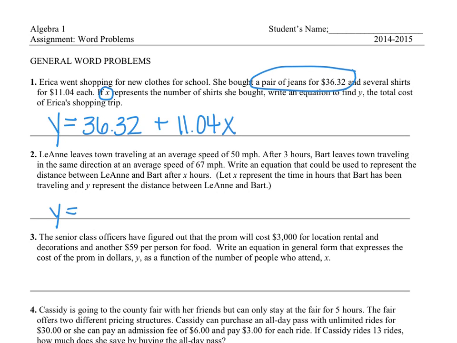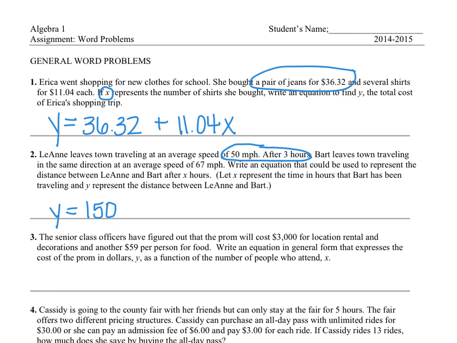Well, if Leanne was traveling 50 miles an hour for 3 hours, how far did she get? 50 miles each hour for 3 hours, she got 150 miles away. So when Bart starts his trip, Leanne is already 150 miles away.